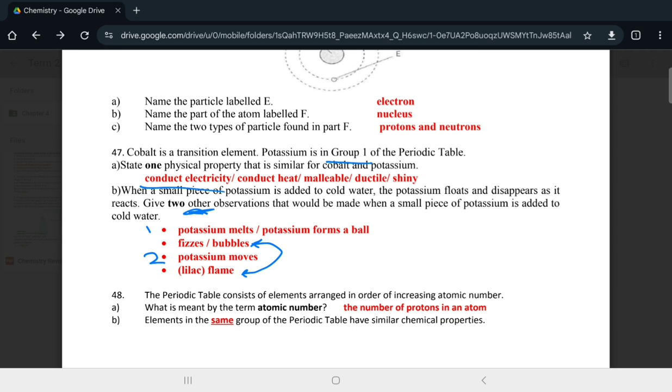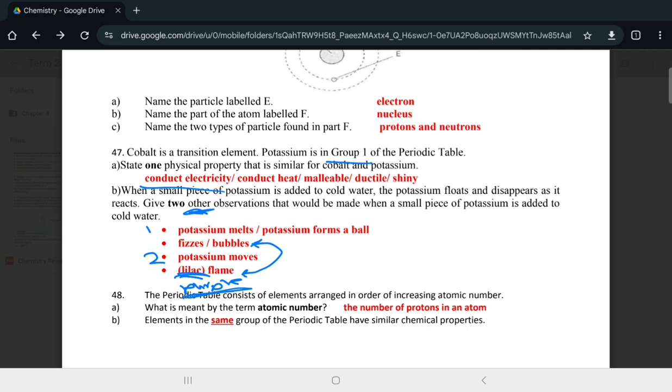When you put potassium in water, it's known to produce a flame. What color of a flame? Lilac or purple. Lithium and sodium produce other colors. They produce their respective colors, but potassium produces a purple or a lilac flame, and it also produces effervescence.